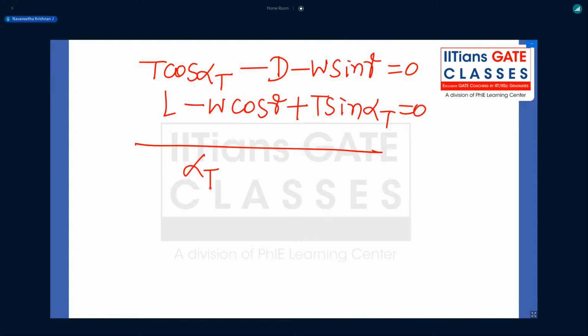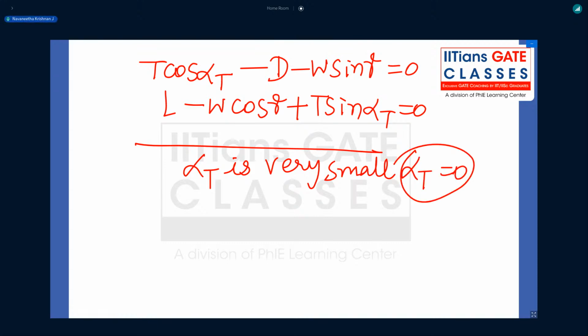Alpha t is a very small angle. Generally, it is parallel to the free stream velocity direction, so alpha t is 0. In most cases alpha t is 0, because it is parallel to the free stream velocity direction. If I take alpha t as 0 in these two equations, cos 0 becomes 1 and sin 0 becomes 0.